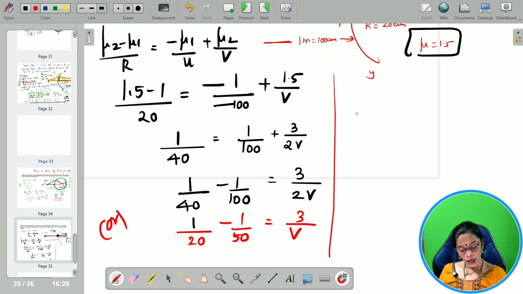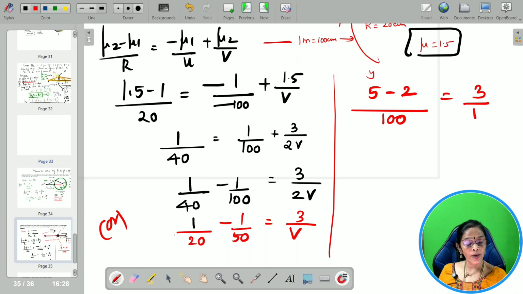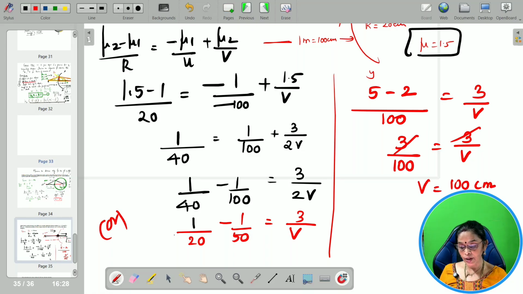Now take LCM 100. So 5 minus 2 is equal to 3 by v. So 3 by 100 is equal to 3 by v. The 3 gets cancelled, so v will be equal to 100 centimeter.